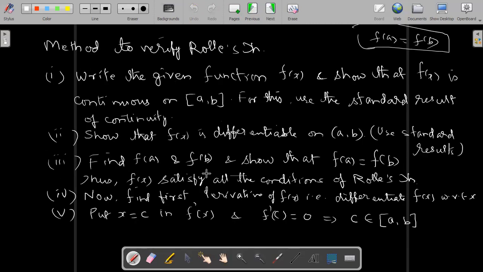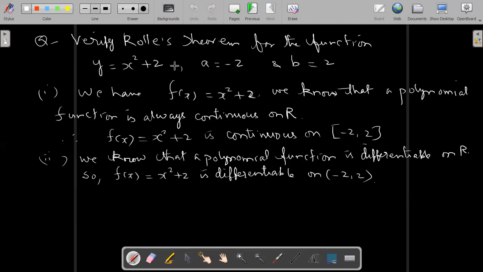Third point: what was the third point? We have to find f of a and f of b and show that f of a is equal to f of b. To find f of a, we find f of minus 2 first. The value of a is minus 2, so f of minus 2 is minus 2 square plus 2, that is 4 plus 2, which is equal to 6.